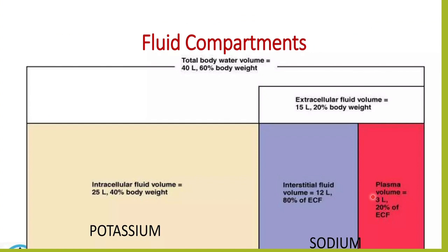So you all know that the body fluid is divided into extracellular as well as intracellular compartments. The intracellular compartment contributes up to 40% of the body weight and 60% is ECF, and sodium is mostly concentrated in the extracellular fluid, to be specific in the interstitial area.